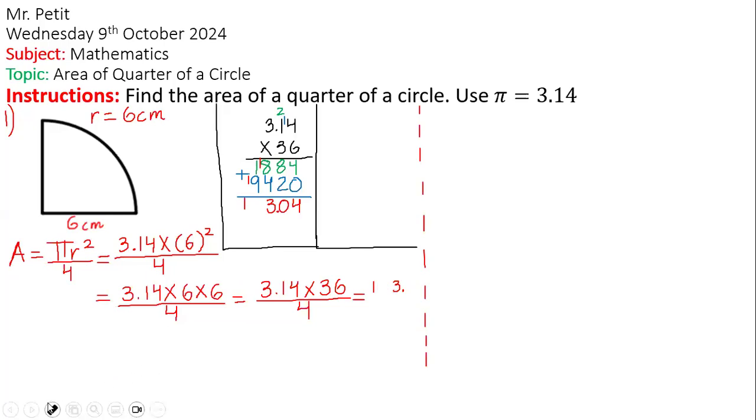So we forgot the 1, so it's gonna be 113.04. Okay, good. We divide by 4. When you divide by 4, what did y'all get? I got 28.26.